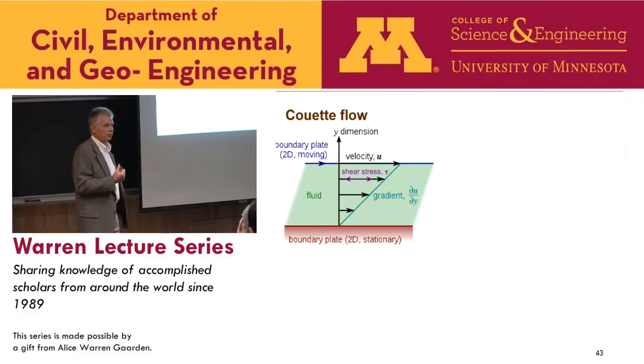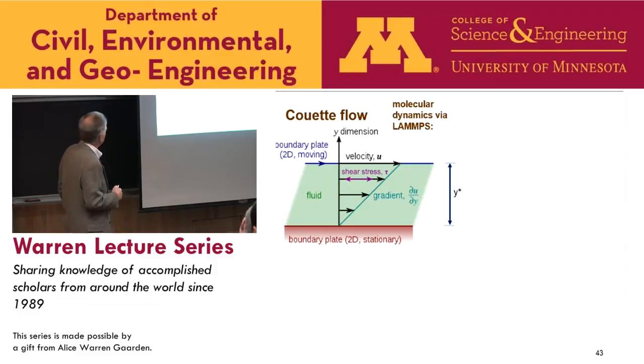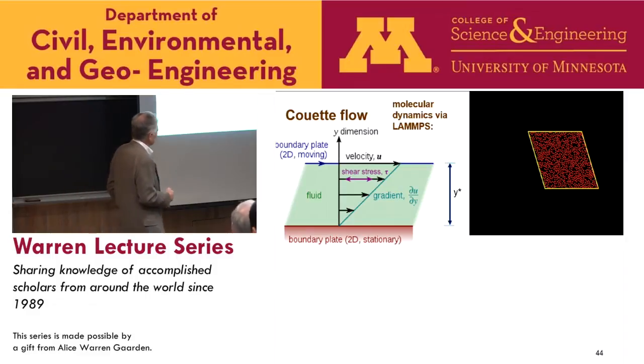The first one is mechanics of molecular fluids. The second one is heat flow, namely, heat ever so often can go in a direction completely counterintuitive. And the third one is electrical systems. And I will try to show it through a molecular dynamics simulation using LAMMPS.